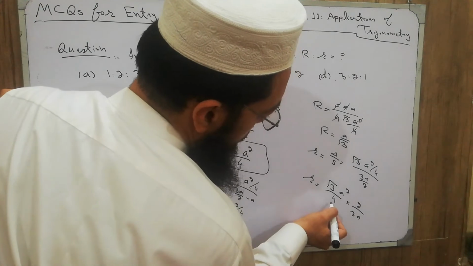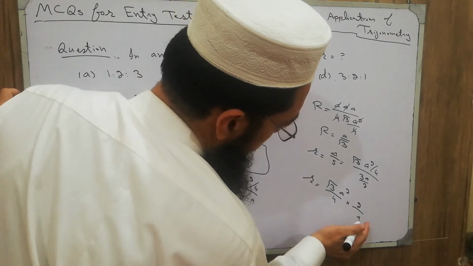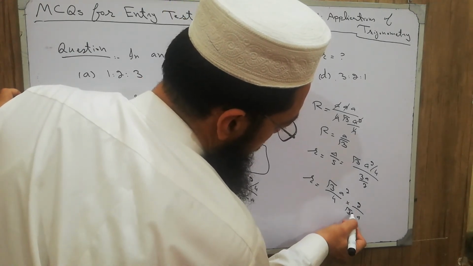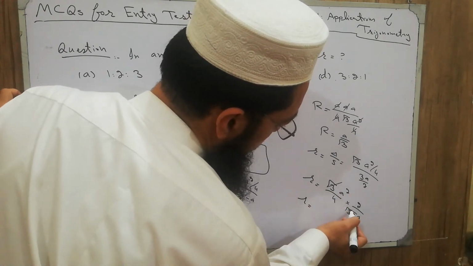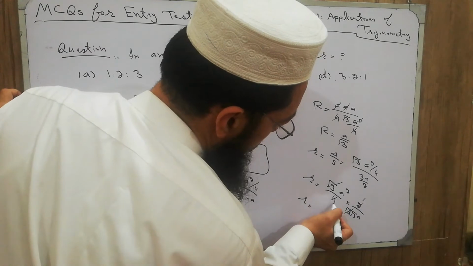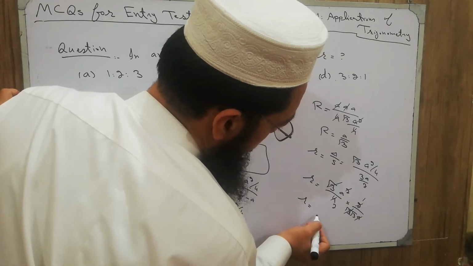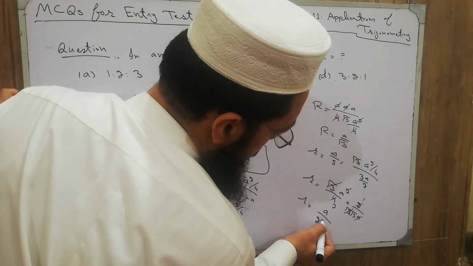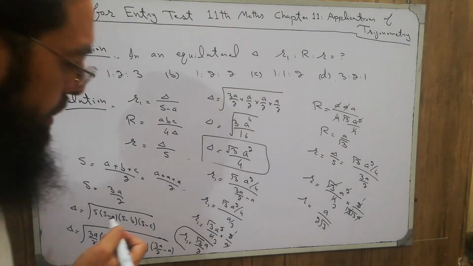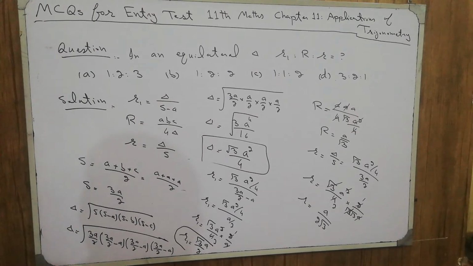I can write this 3 as the square root of 3 multiplied by the square root of 3. So, the square root of 3 is cancelled with this, 2 ones are 2, 2 twos are 4, 1A is cancelled with 1A. So, r is equal to A divided by 2 into the square root of 3. R is equal to A divided by the square root of 3.